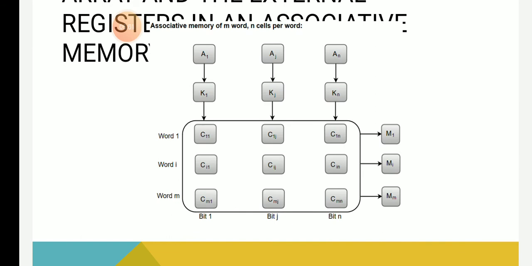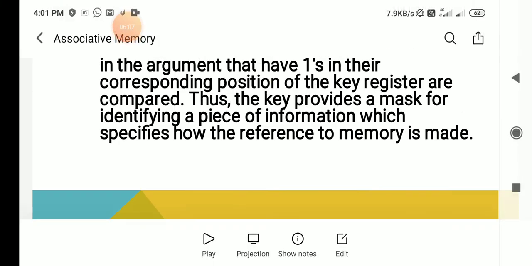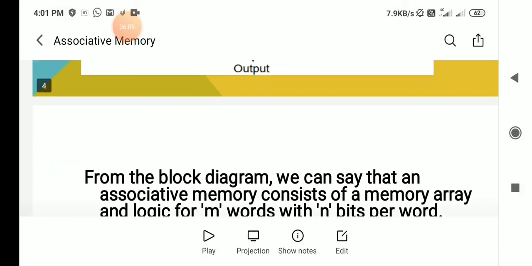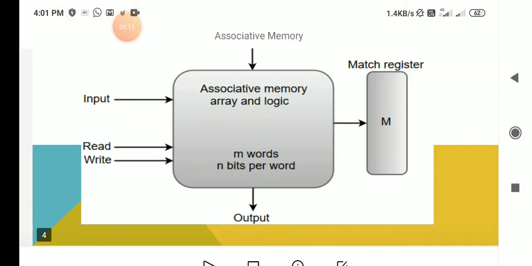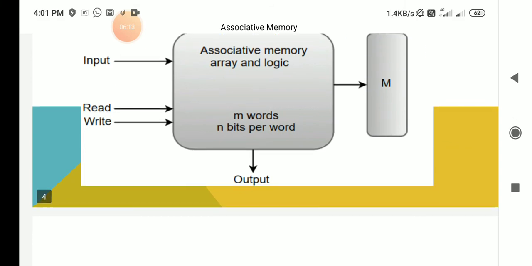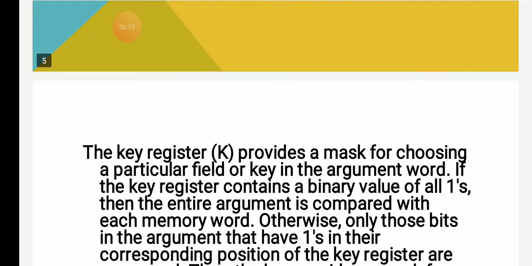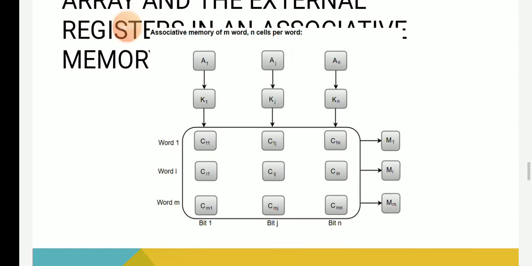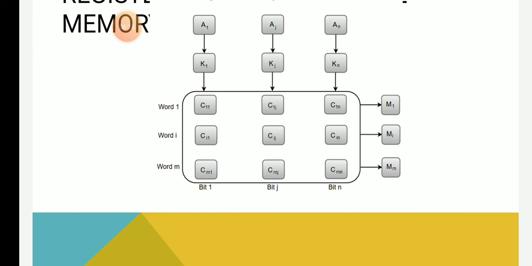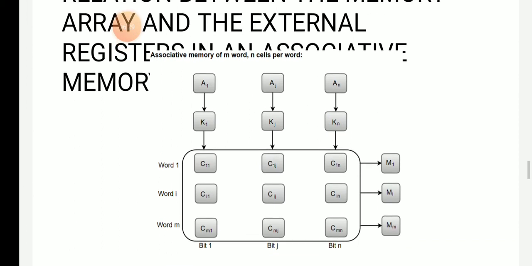Word 1 has cells C11, C1j, C1n, and M is the match register, with M1, Mi, and Mm. In word m you can take Cm1, Cmj, Cmn, and Mm in the match register. That is bit 1, bit j, and bit n.